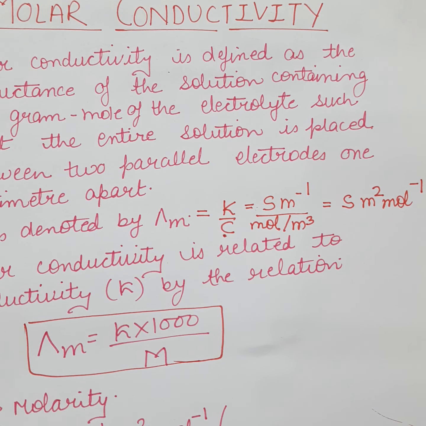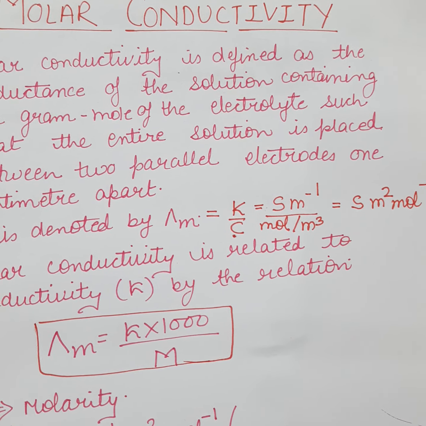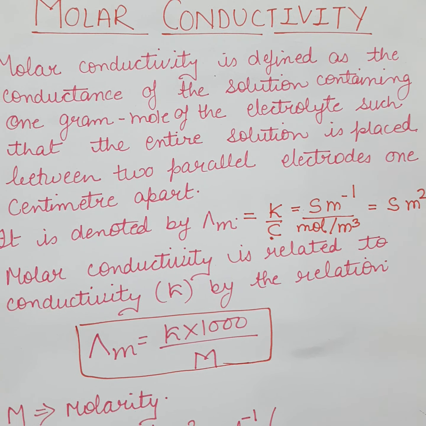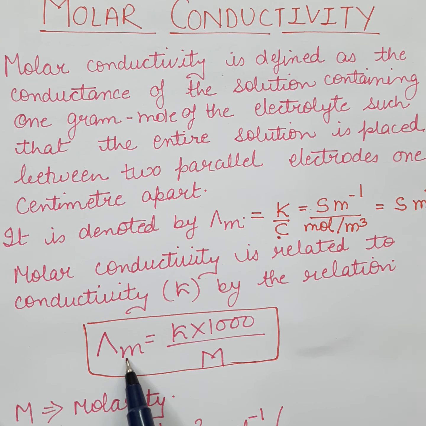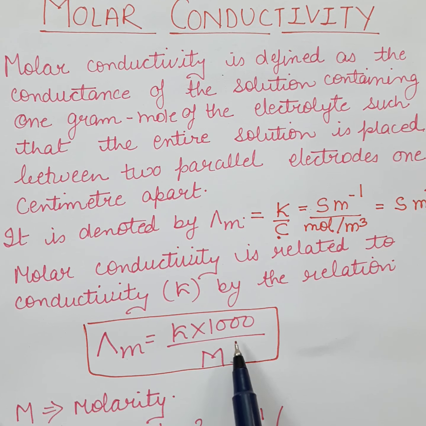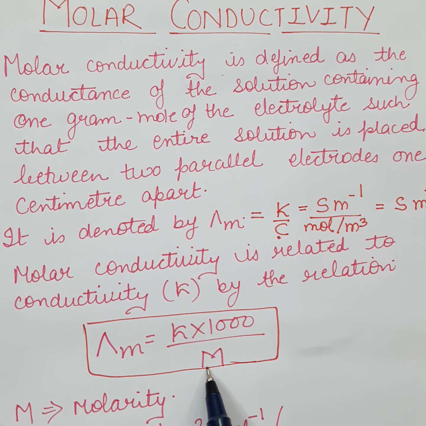Now we know, students, that molar conductivity is related to conductivity kappa by the relation molar conductivity is equal to kappa into 1000 divided by molarity. This capital M is known as molarity.